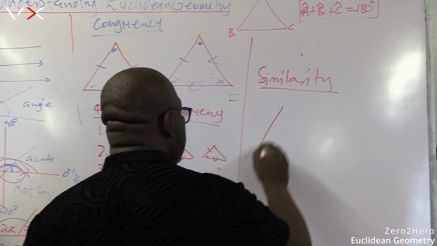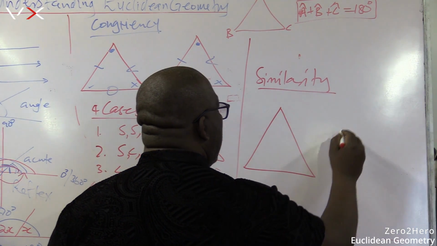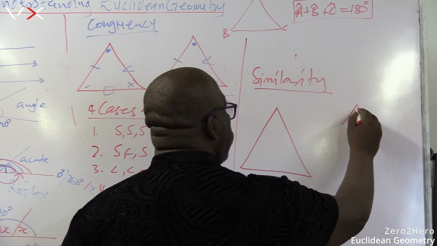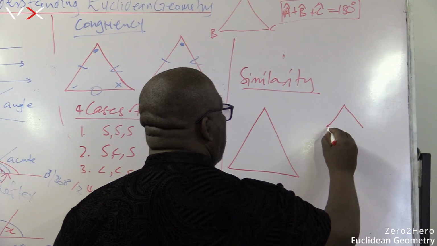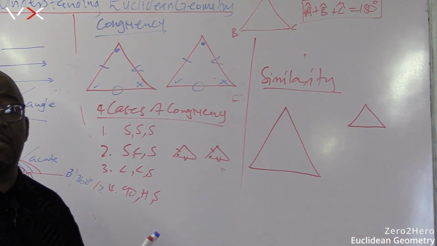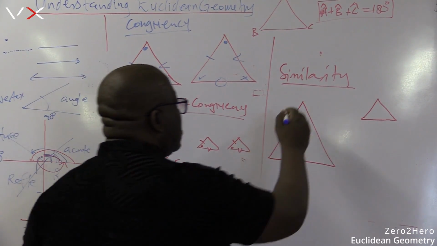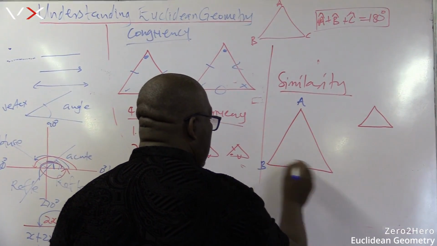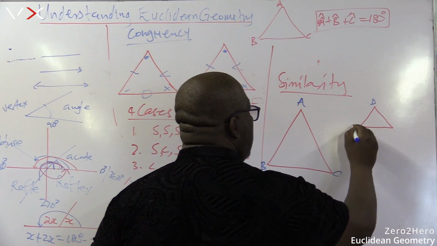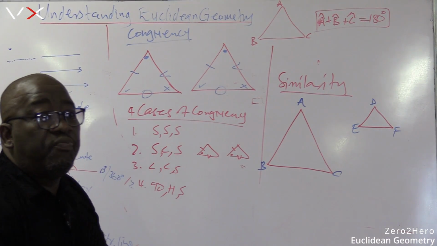We've got, this is your mother or your dad, and this is you. You look exactly the same. The only difference is that your dad or your mother is bigger than you while you are still young. If this is A, B, C, this will be D, E, F. You've got those two triangles which are similar.